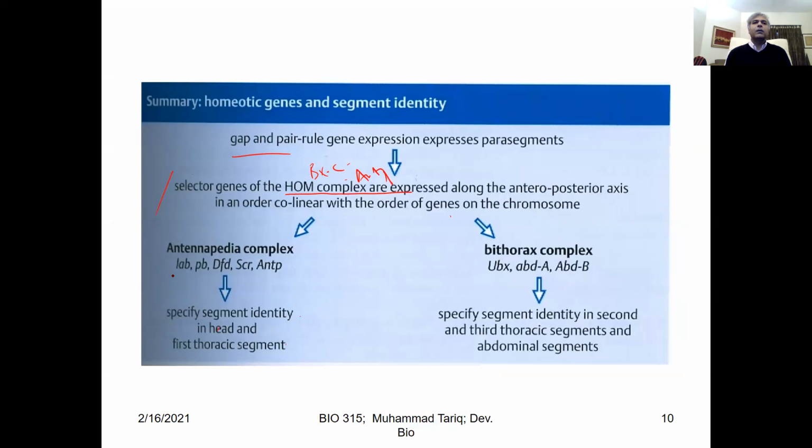The antennapedia complex is labial, proboscipedia, deformed, sex combs reduced, etc. I told you they specify the identity in the head and first thoracic segment up to parasegment 4. And then the bithorax complex, UBX, ABDA, ABDB, they specify identity in the second and third thoracic segment, all the way from parasegment 5 to parasegment 14, or T2, T3, all the way to A8. Okay.